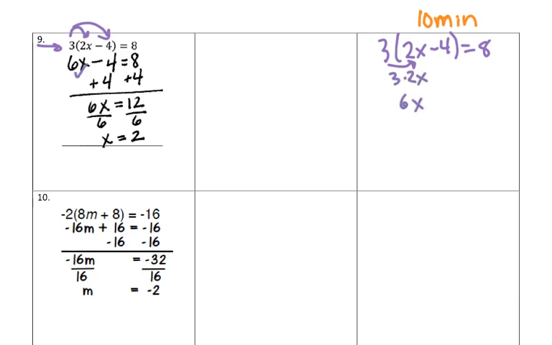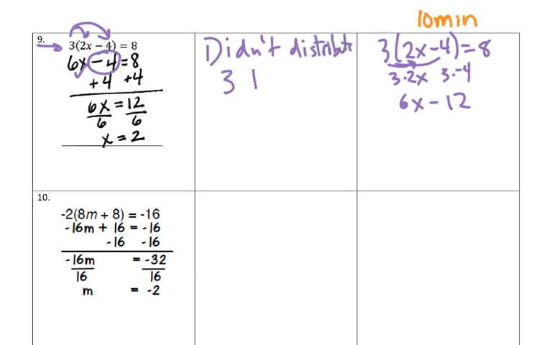So that was correct. But then we go 3 times negative 4 to give us a negative 12, which is where they made their mistake. So they didn't distribute 3 to the minus 4. Okay? And that's the only mistake they made.